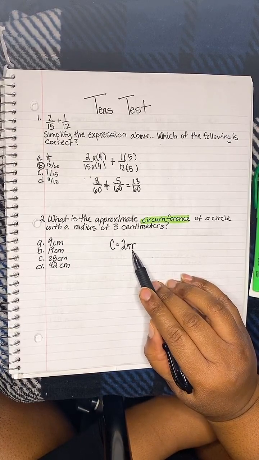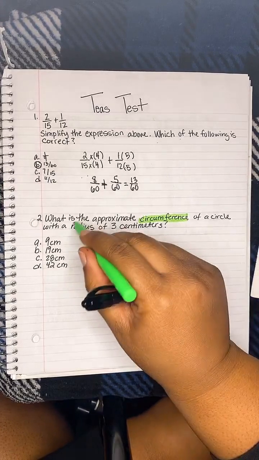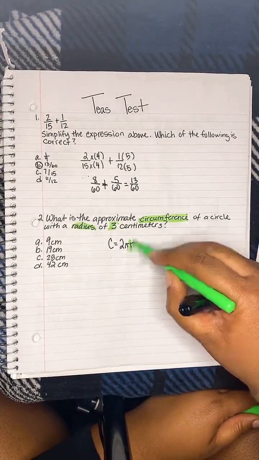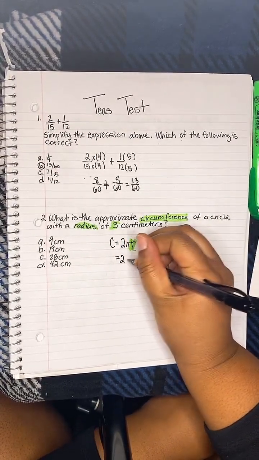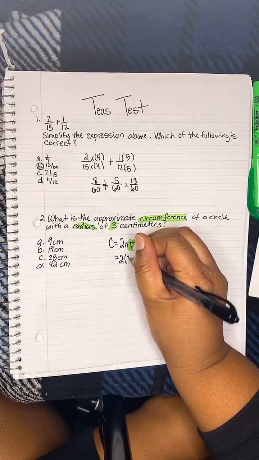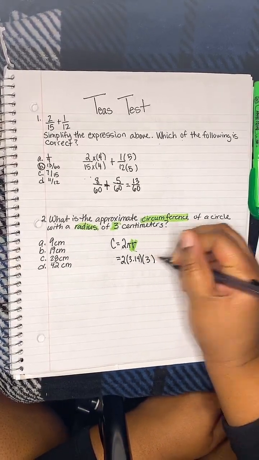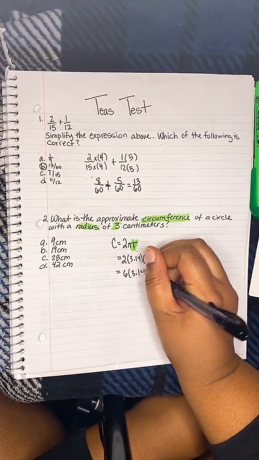Perfect. R stands for the radius, which they said here, the radius is 3. So we're going to plug this in for r. So we're going to do 2 times 3.14 times 3. And so 6 times 3.14.